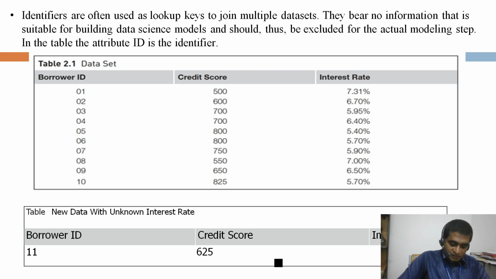If the output variable is numerical, then the type of problem is called prediction. So to solve classification problems, we use classification models. To solve prediction problems, we use prediction models.